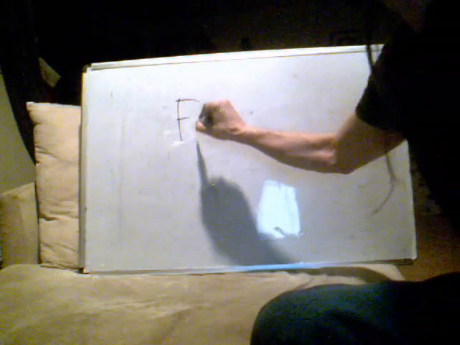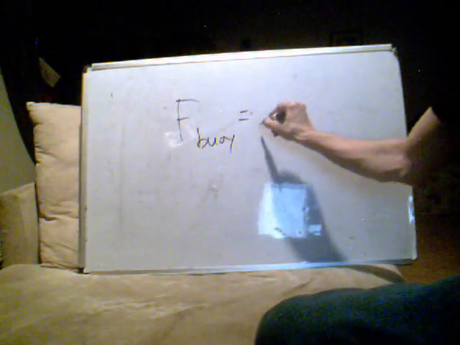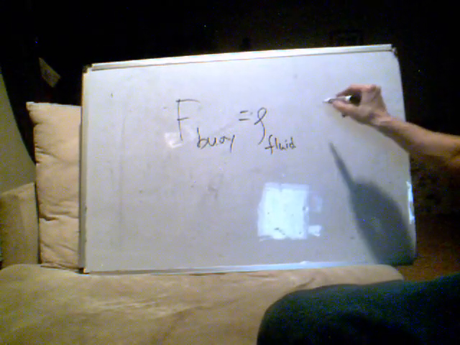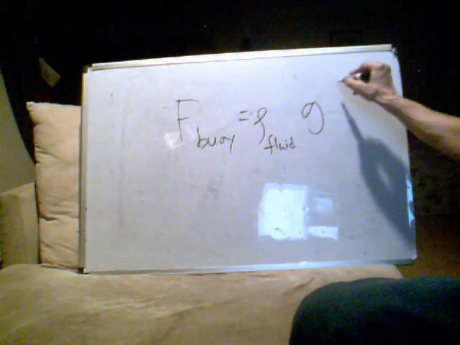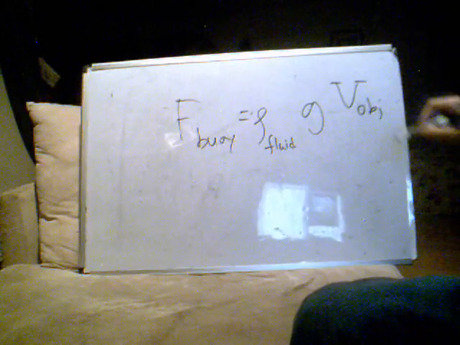Okay, let's talk a little bit about the buoyant force. The buoyant force, or the upward force that an object feels when immersed in water, is equal to the density of the fluid times the acceleration due to gravity times the volume of the object.